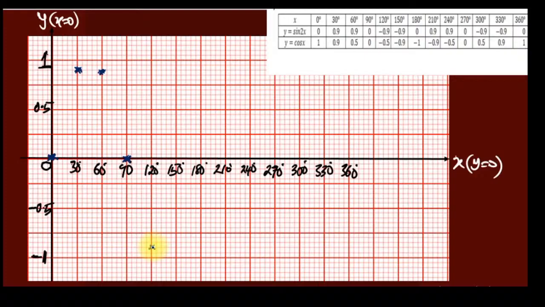For 150, it is also that. For 180 it is 0, that's it. For 210 it is 0.9, that's positive. We'll go up 1, 2, 3. For 240, that's the same, positive, 1, 2, 3.